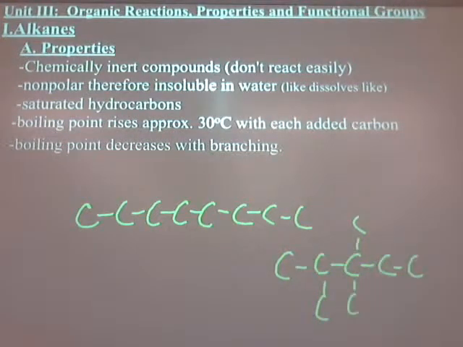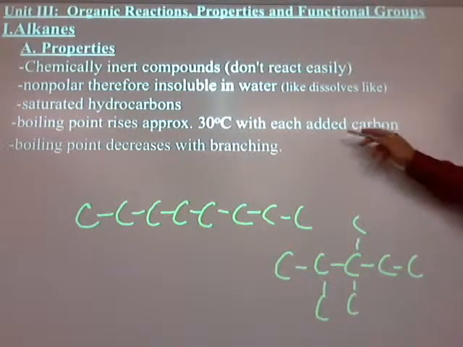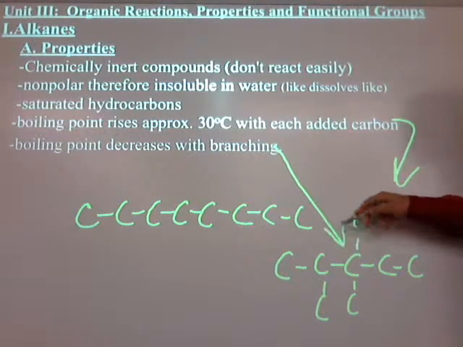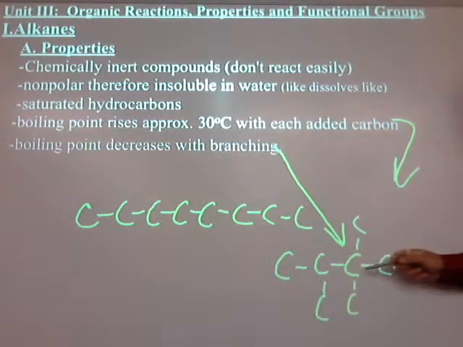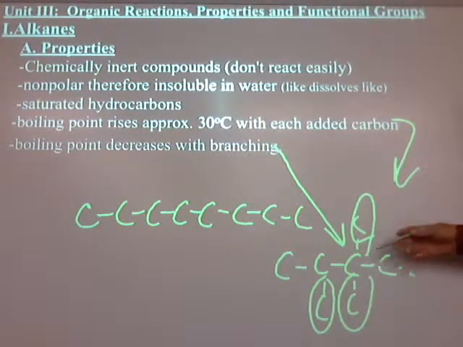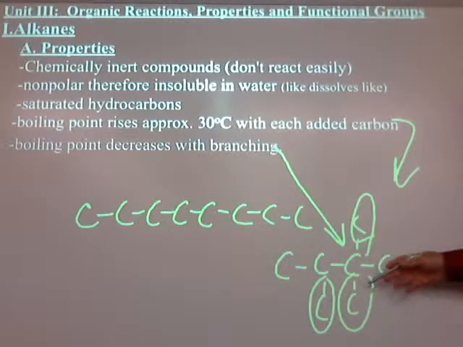Also has 8 carbons. You might think, based on this first rule, they're going to be about the same boiling point. But based on this rule, what do we know? This one's going to have a lower boiling point because it has more branches coming out. A branch being a carbon chain, however long, coming off of a longer chain. So this one's going to have a lower boiling point.